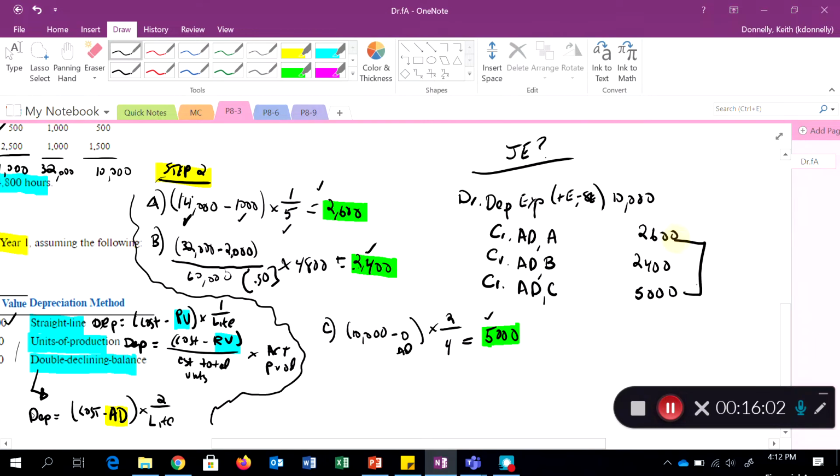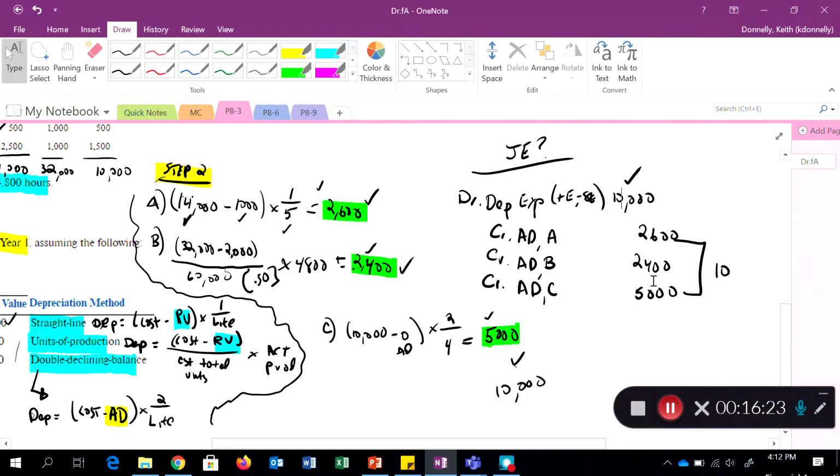So our total depreciation for the year, when you add these three up, is 10,000. That's why we debit depreciation expense for 10,000 and then break out the accumulated depreciation for each asset.